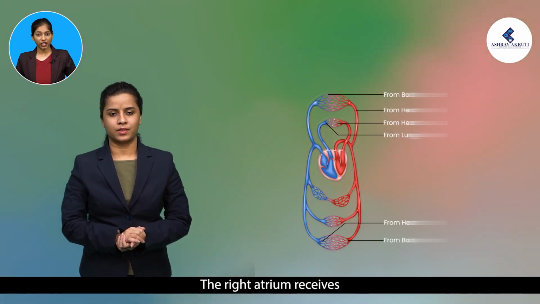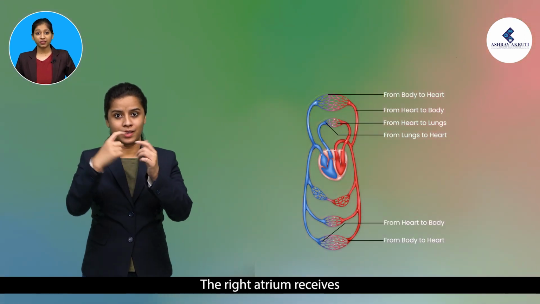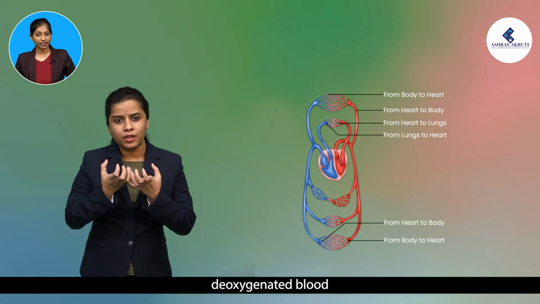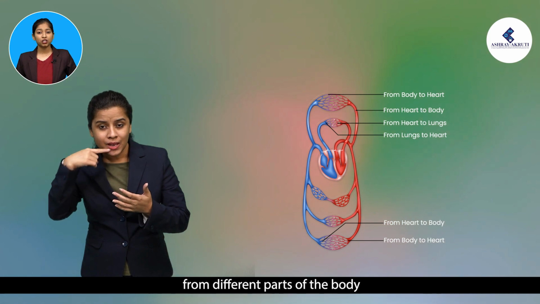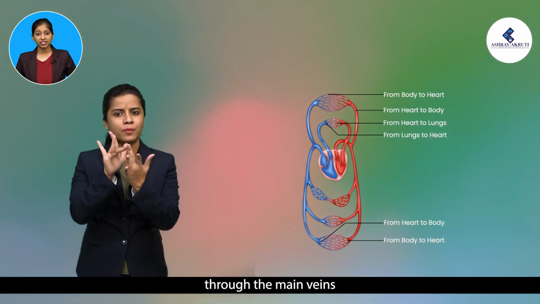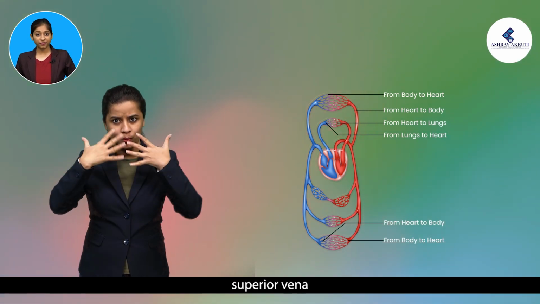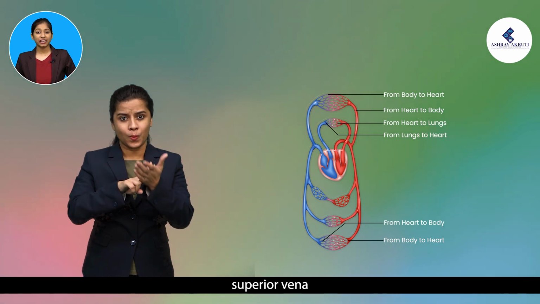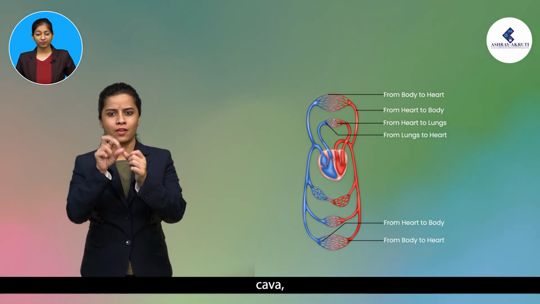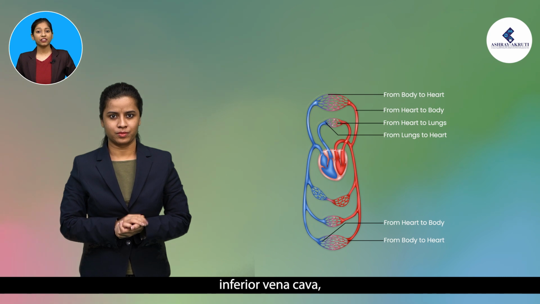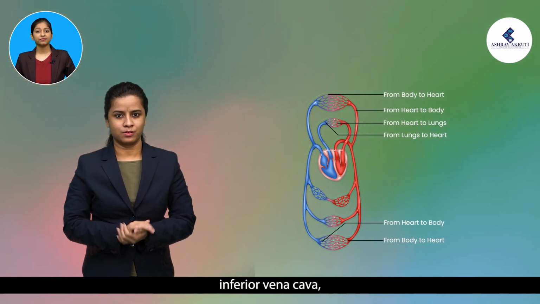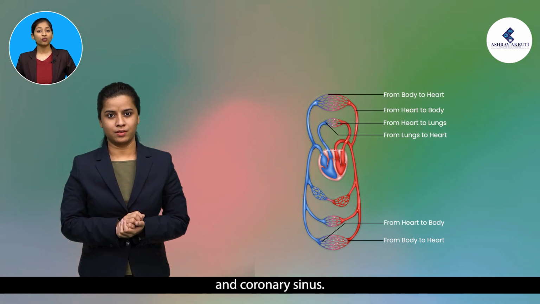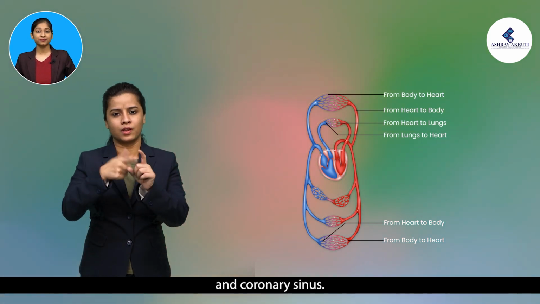The right atrium receives deoxygenated blood from different parts of the body through the main veins: superior vena cava, inferior vena cava, and coronary sinus.